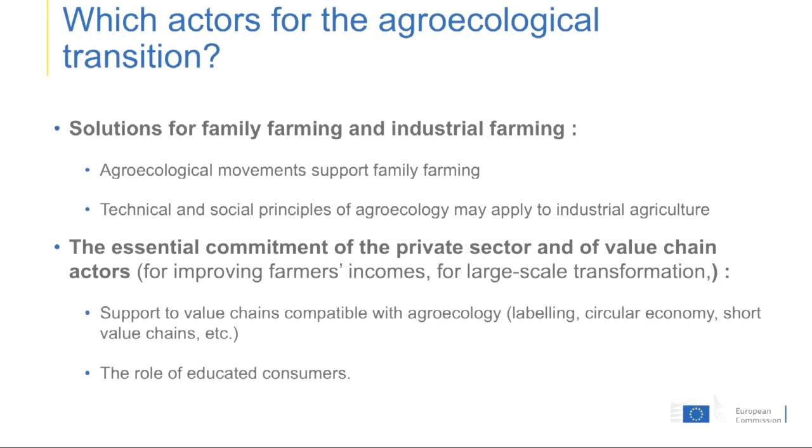But the technical principles and social principles of agroecology can be applied to industrial farming. It's the case of certain Evia plantations in Indonesia, for instance, where there's a production of rubber within an agroforestry ecosystem. So it's complicated, but it's not impossible.